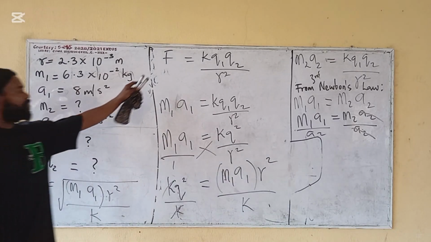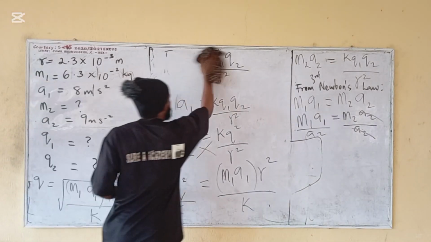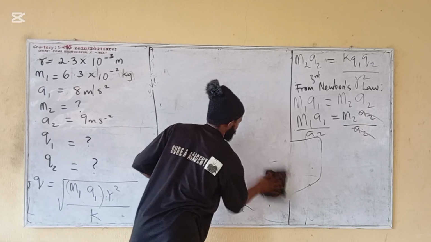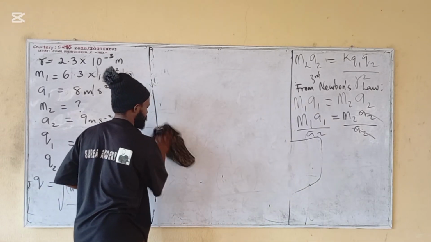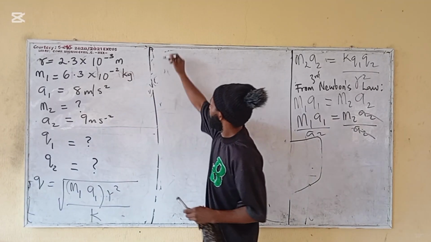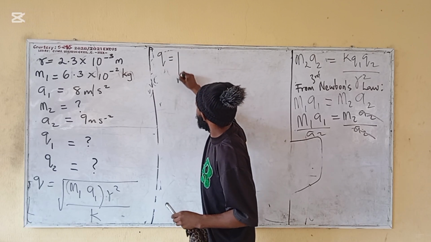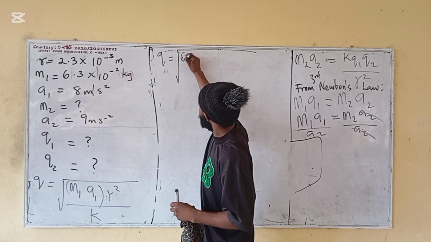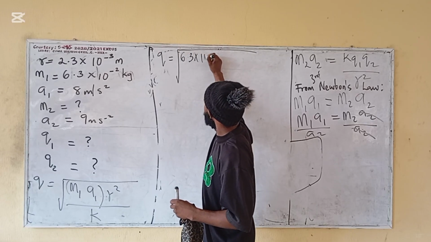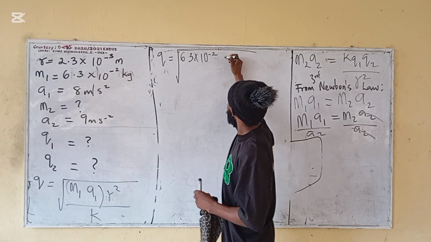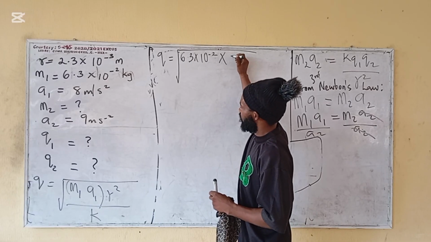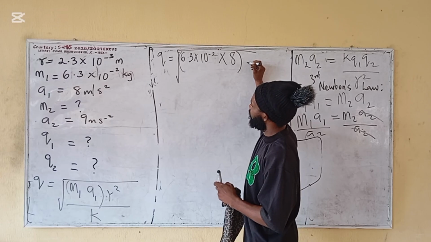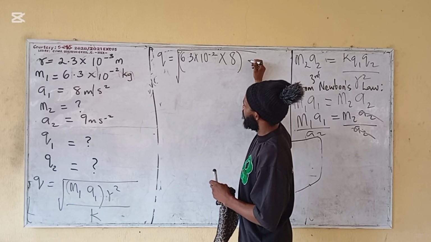Let me clean this part. So I now have Q is equal to square root of M1, which is 6.3 times 10 raised to the power minus 2, then times A1, which is 8, times r squared.